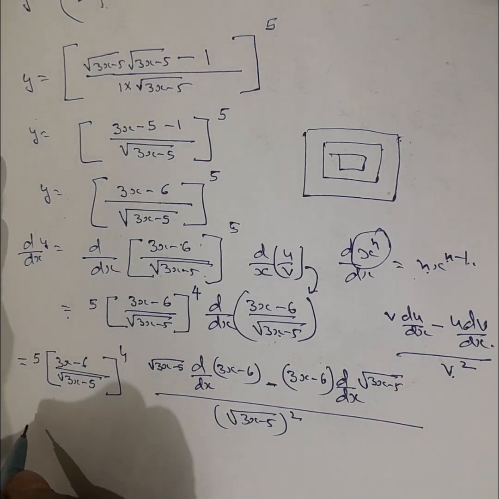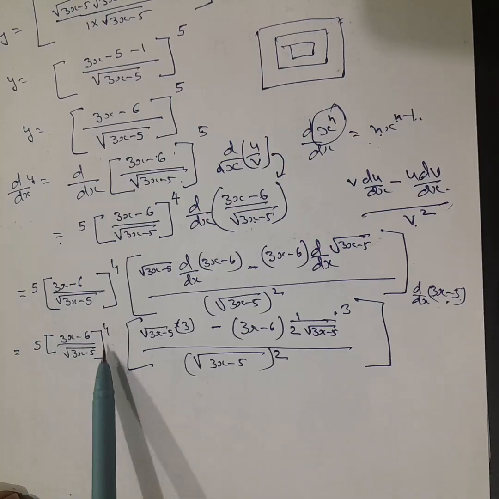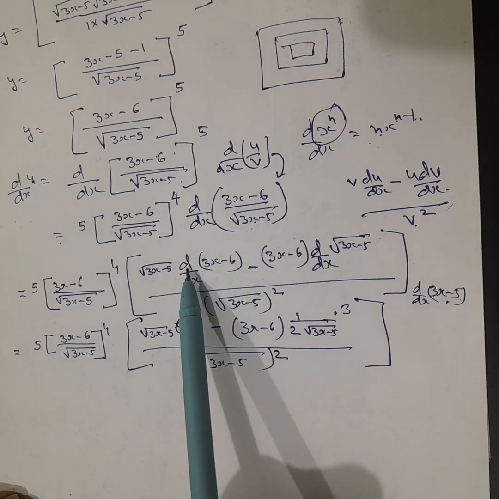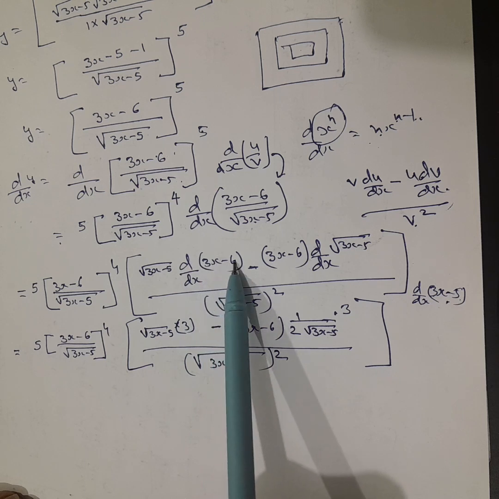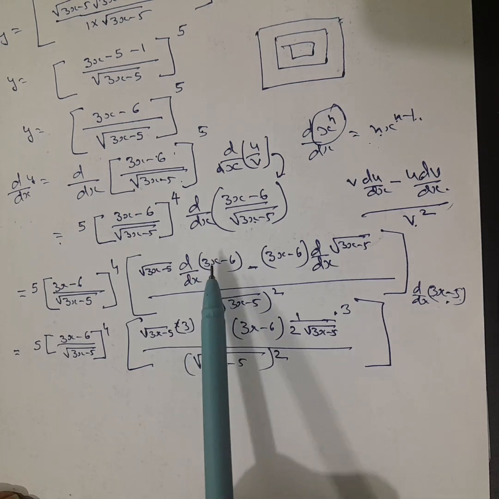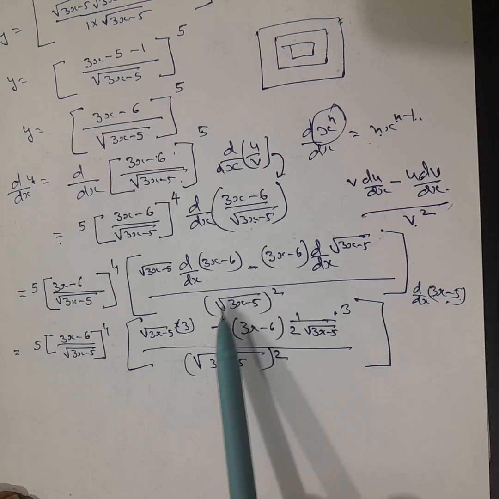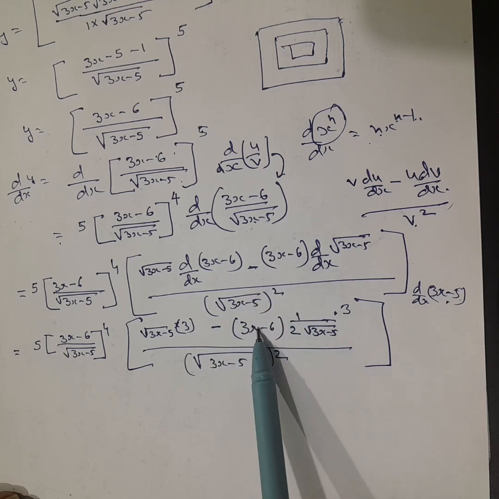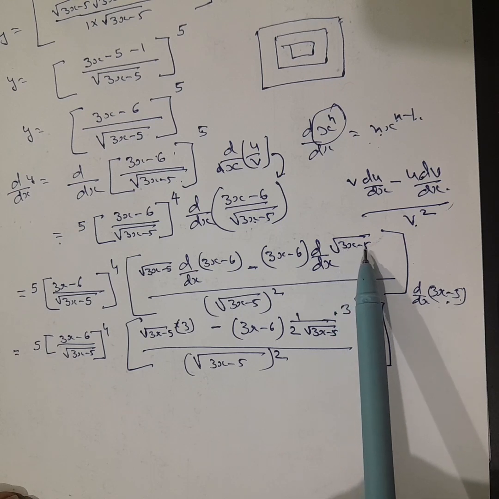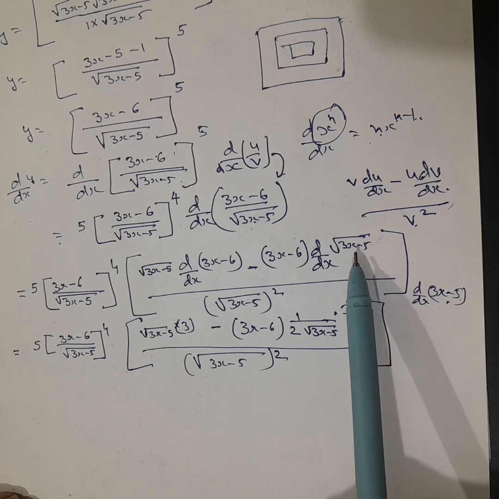So this now turns out to be, this part remains as it is, this also remains as it is. When we differentiate 3x minus 6, 6 being a constant disappears, whereas for 3x, 3 d by dx of x, dx cancels, so 3 remains out of this. Here also then comes minus, and here also this remains as it is. d by dx of root of 3x minus 5 is equivalent to that of root x.